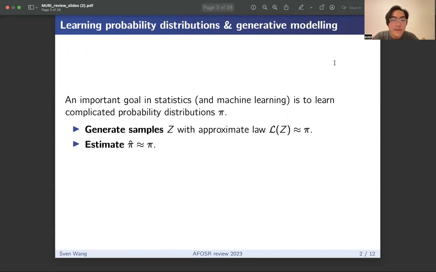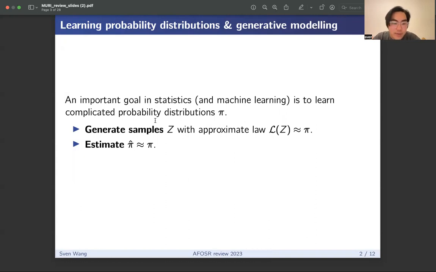To be a bit more specific, I could aim for two things when I talk about learning a probability distribution pi. The first thing would be to estimate pi by some estimator pi hat. And the second goal will be to generate new samples that are distributed approximately according to pi.